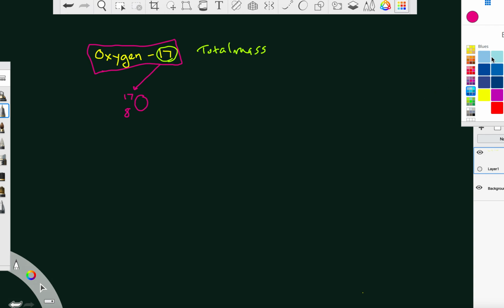I'm going to tell you that this number down below is the atomic number, and we find this on our periodic table. That atomic number is the number of protons.